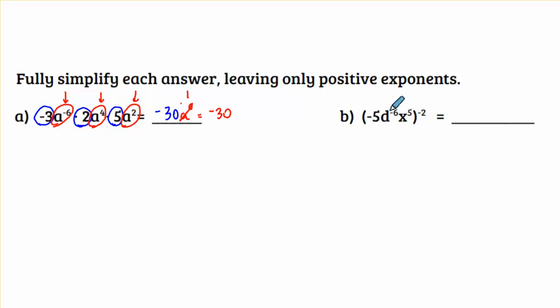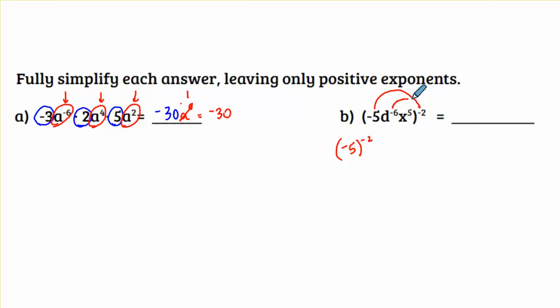All right, for part B, we need to use our rainbow rule and raise everything that's inside the parentheses to the -2nd power. So let's just rewrite this kind of one at a time. So the first one is -5 to the -2nd power.